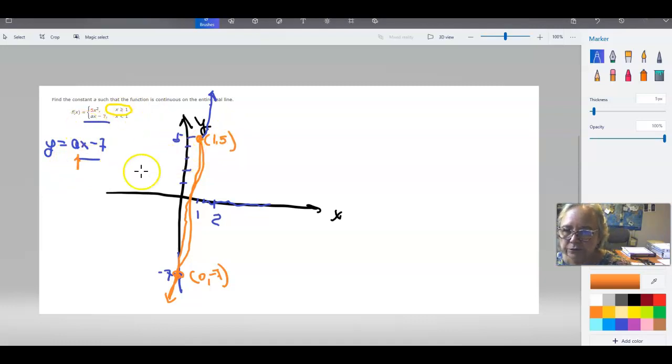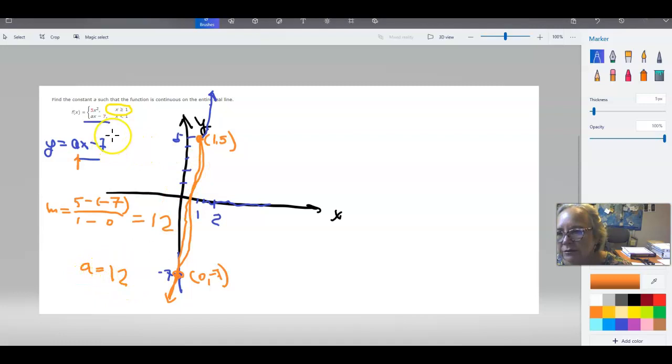The formula for the slope is a ratio of y2 minus y1, which is 5 minus -7, and in the denominator x2 minus x1, 1 minus 0. So we will have 12. When you complete all these operations, a in this case must be 12.